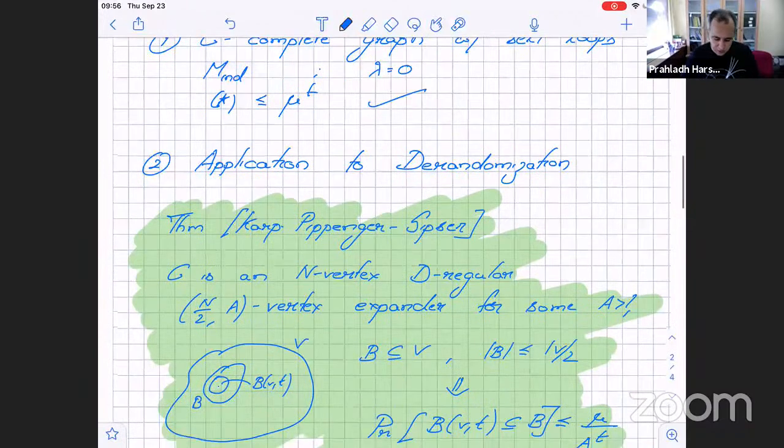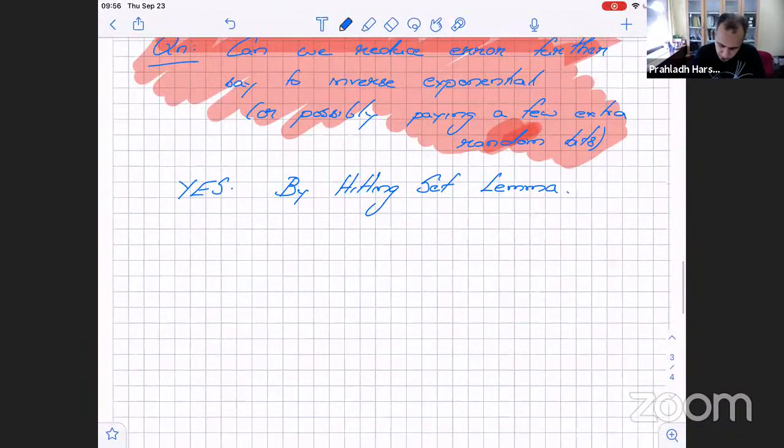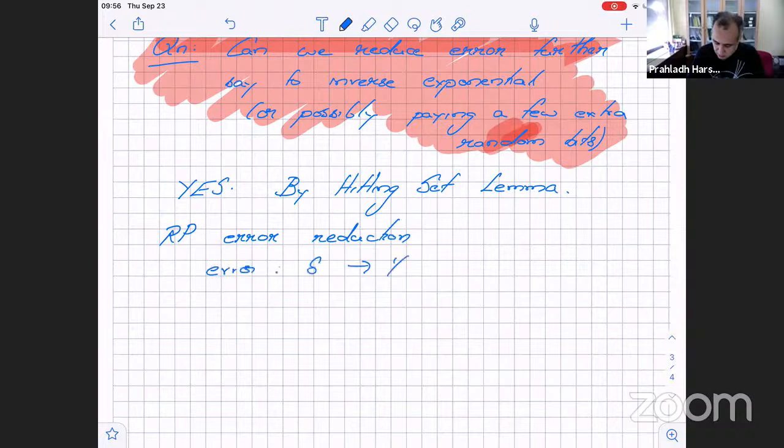Now notice, what's the probability of error? So once again, it's an RP error reduction. We want to reduce error from delta to half. So you can think of B as a half-size set, the density of B, and we want to reduce the error. So what's the probability that the entire walk is in the set B?